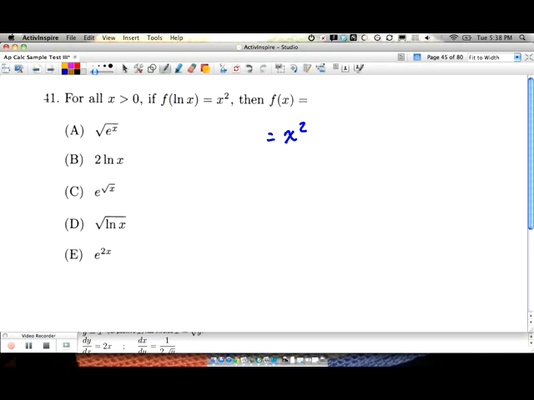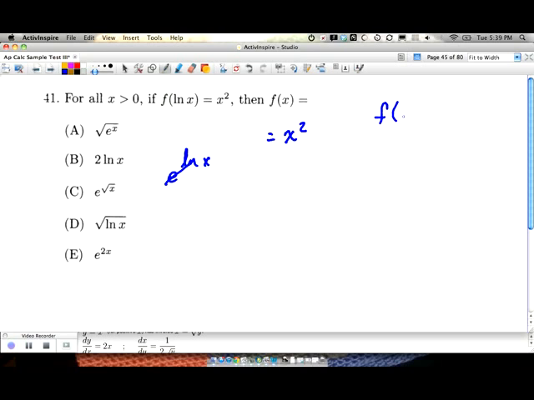Well, what I need to do then is undo the natural log in here. So let's say natural log of x is going to be my input. What I'm going to do to my input is raise e to the power of it. Then f of natural log of x is equal to x squared.